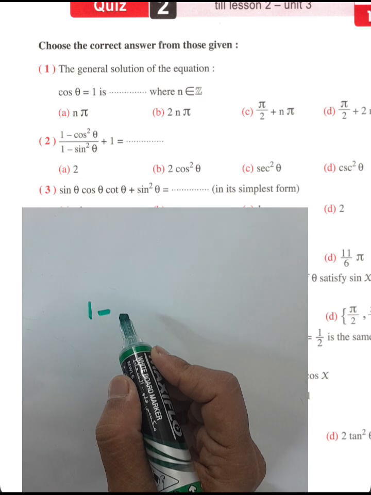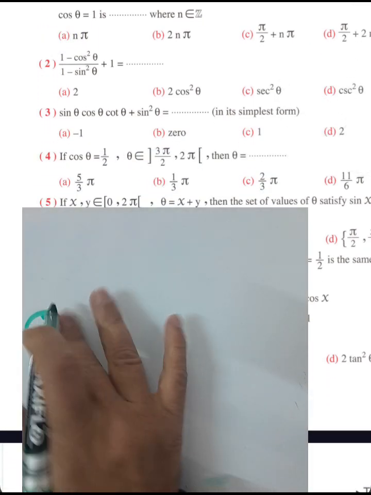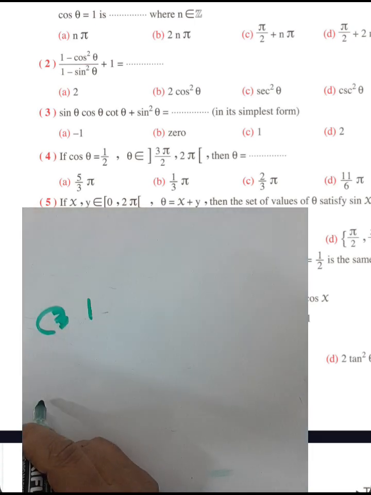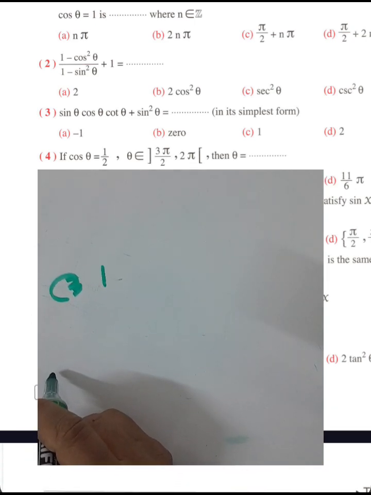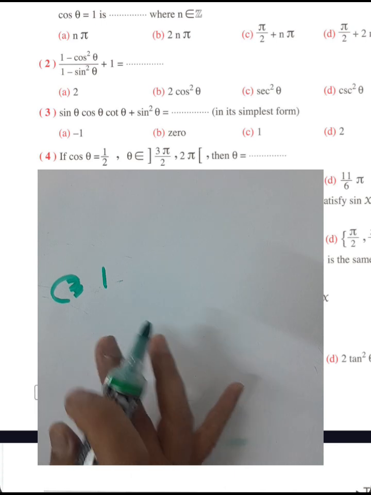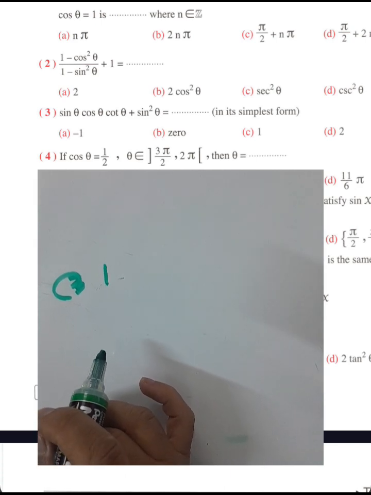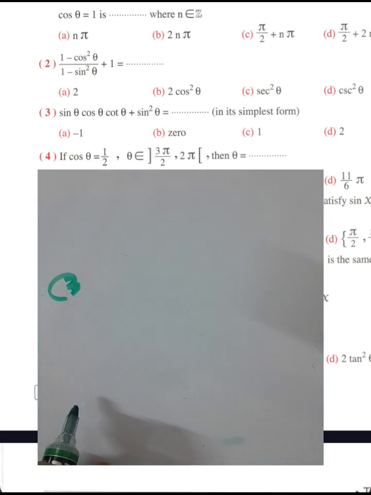I solved question number 3, and question number 2 I solved a minute ago. The result of question number 2 was letter C, and for question number 3 choose letter C again.